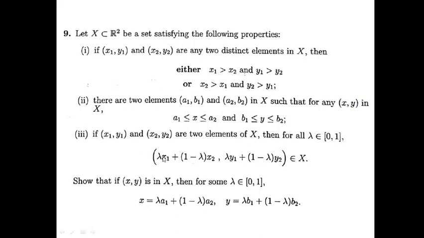So let us see here. What they have done is they have divided (x1, y1) and (x2, y2) in the ratio 1 minus lambda is to lambda. See, (1 minus lambda) into x2 plus lambda into x1 by (1 minus lambda plus lambda).